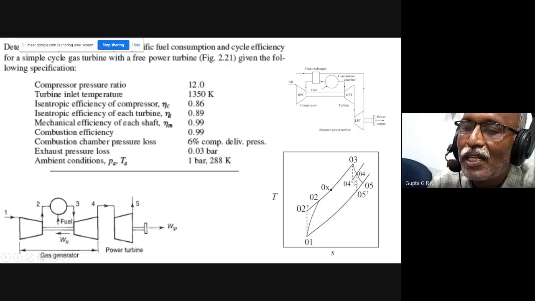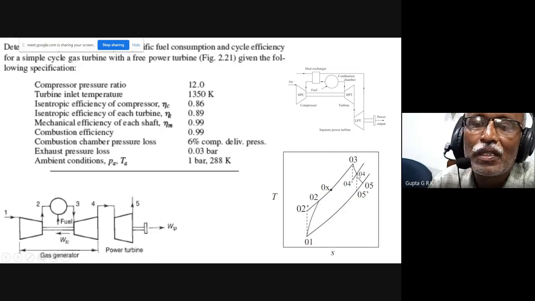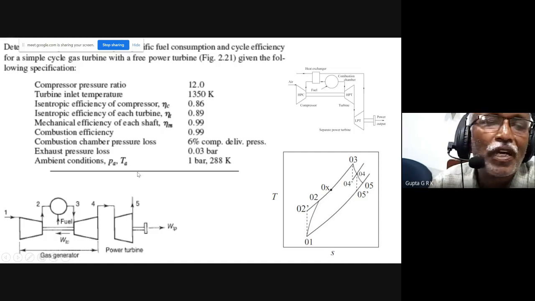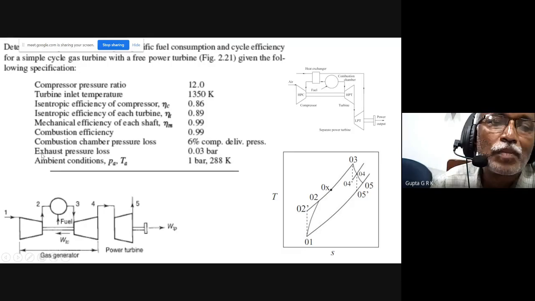So I calculate T04 dash. This temperature ratio gives me the pressure ratio: P03 by P04 is T03 by T04 dash to the power of gamma by gamma minus 1. That is the way I calculate P04. Once I know that, P05 is obtained, since exhaust pressure loss is there.